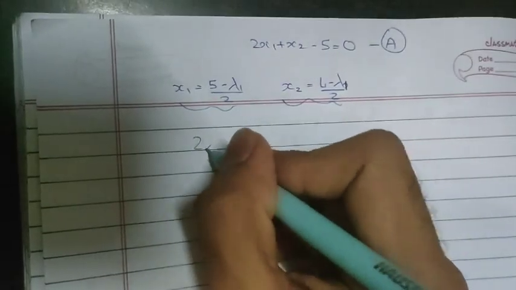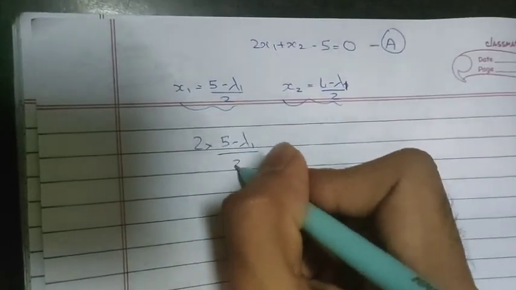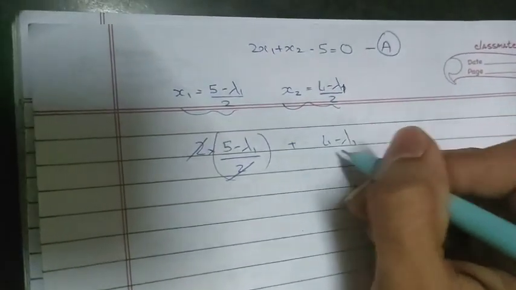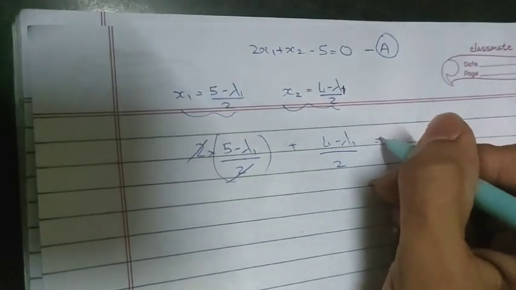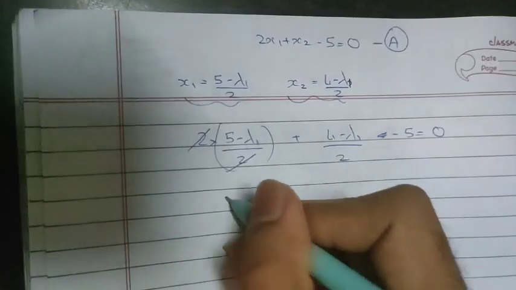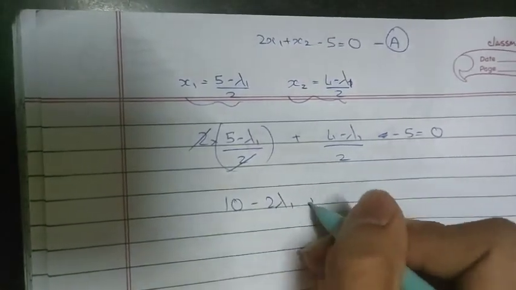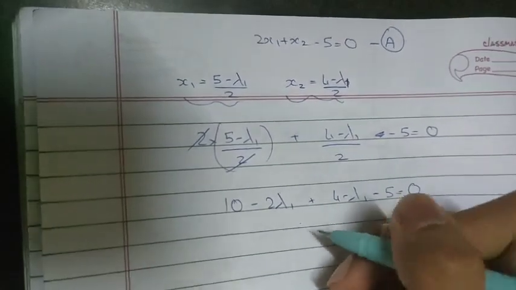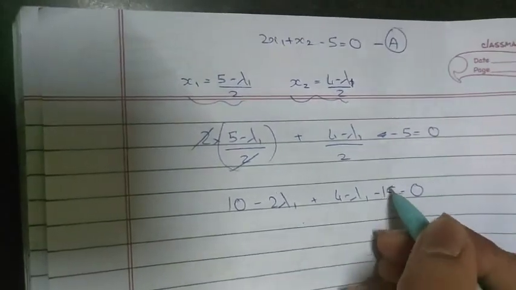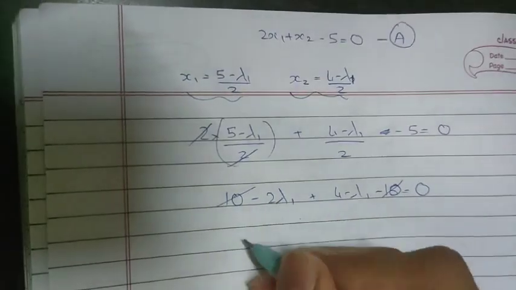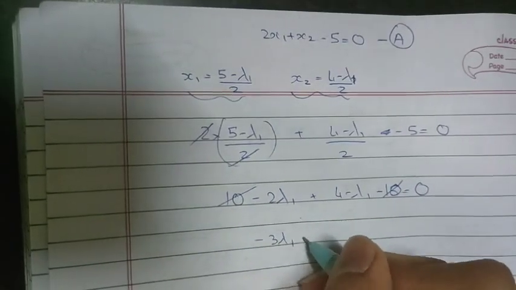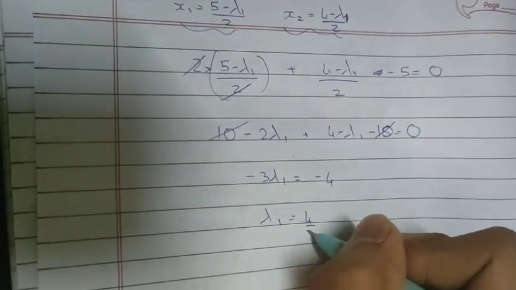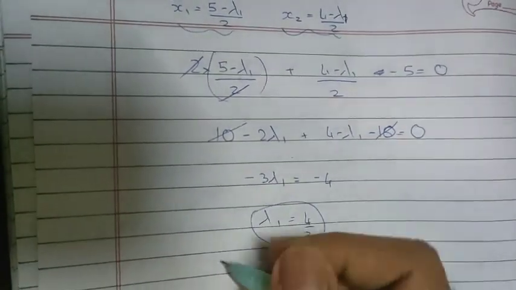On substituting, we get 2 into 5 minus lambda 1 upon 2, the 2s cancel, plus 4 minus lambda 1 upon 2, minus 5 equals 0. Multiplying by 2, we get 10 minus 2 lambda 1 plus 4 minus lambda 1 minus 5 equals 0. Minus 3 lambda 1 is equal to minus 4. Therefore, lambda 1 is equal to 4 by 3.